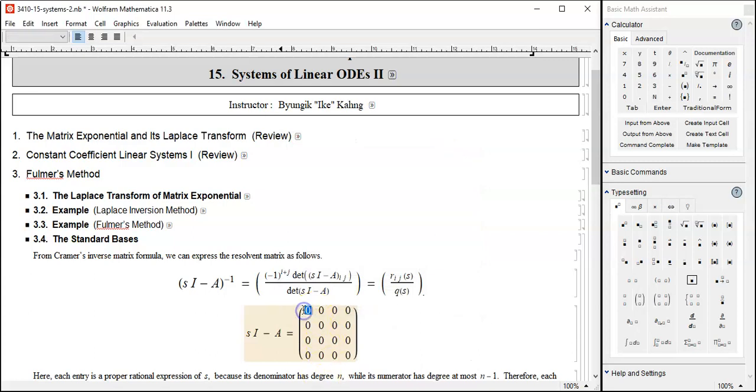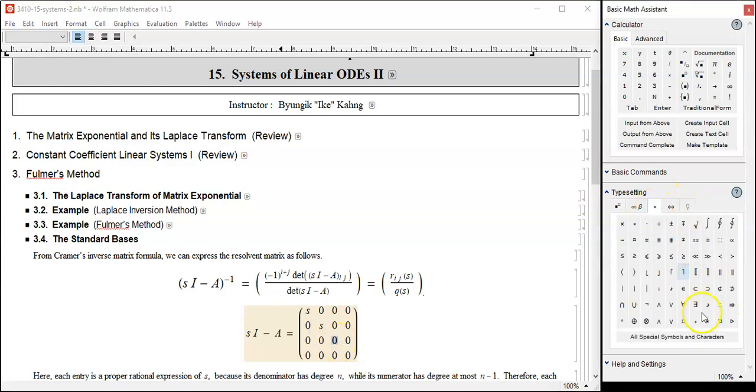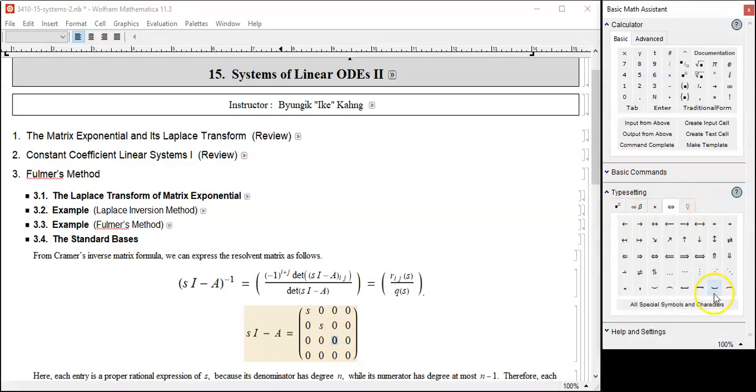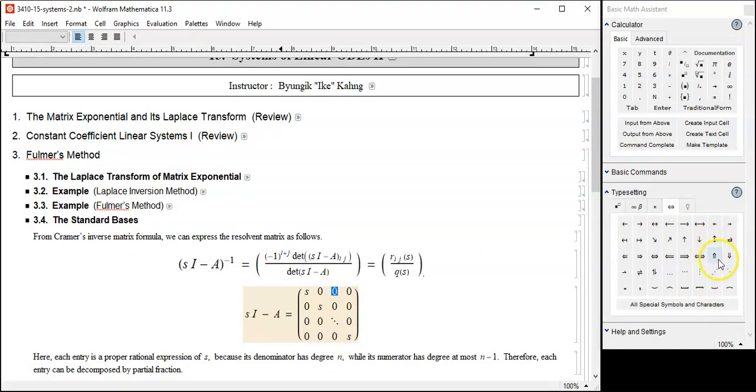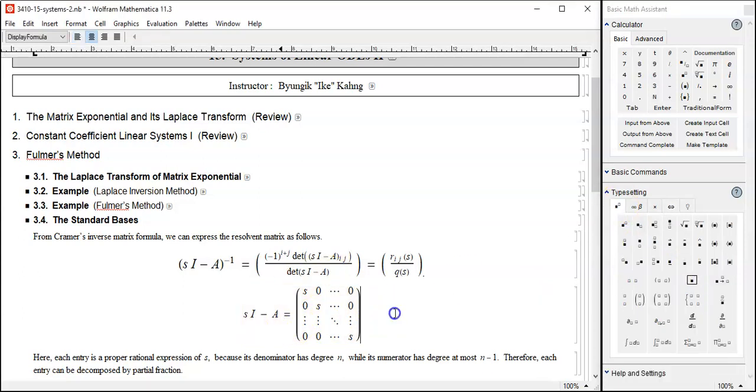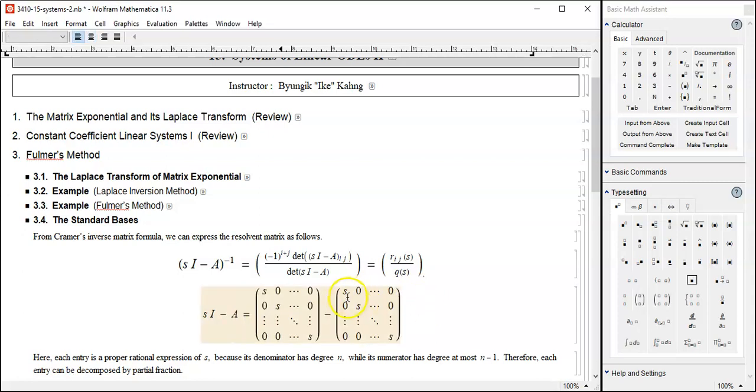So s, and all those dots. This sI minus A is going to be, well, anything as a matter of fact.